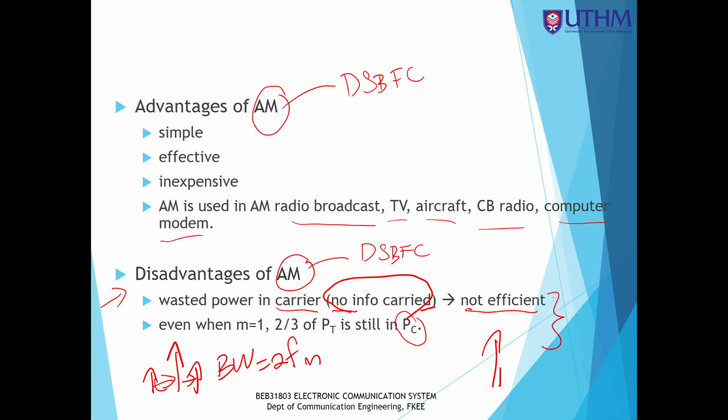So this is M. With another signal, which is the test tone, with a frequency of 2 kilohertz. So the carrier is modulated with another signal. That means this one is the input message, so this is FM, the frequency of the message.